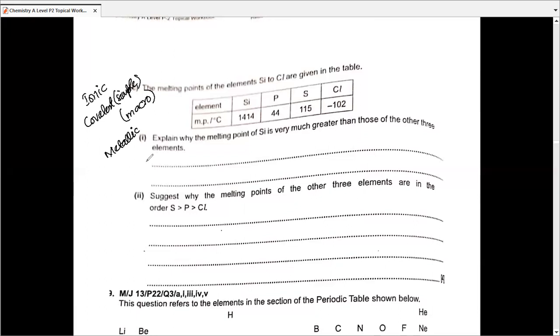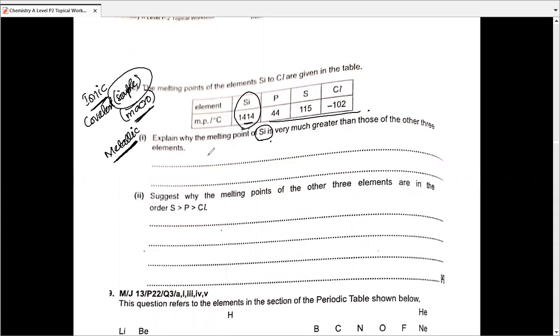So out of these, you need to understand that with this structure and this structure, whenever we melt them, we don't break the entire bonding, or whenever we boil them, we need to overcome the intermolecular forces. So if that happens, go ahead and describe. But if we are comparing this with these, you need to tell them that this is giant molecular, since he's asking specifically about Si.